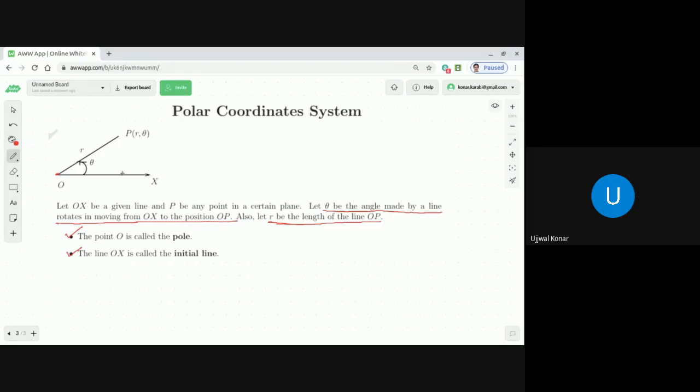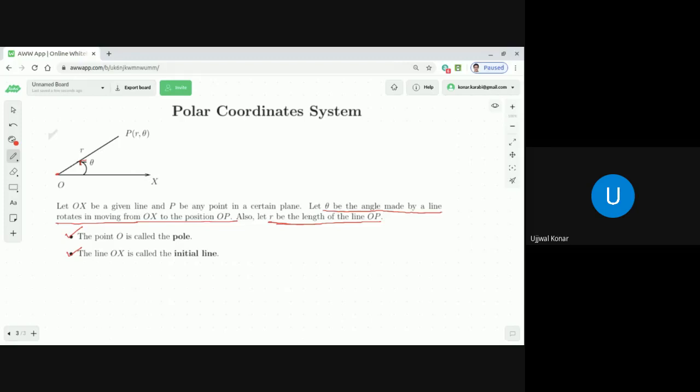So you have two straight lines, OX and OP, and the angle from OX towards OP is called theta. With the ordered pair r comma theta, you can represent a point uniquely. Here you may ask, sir, is it important to have these two attributes, r and theta? Yes, it is important. With only r, you cannot represent a point.